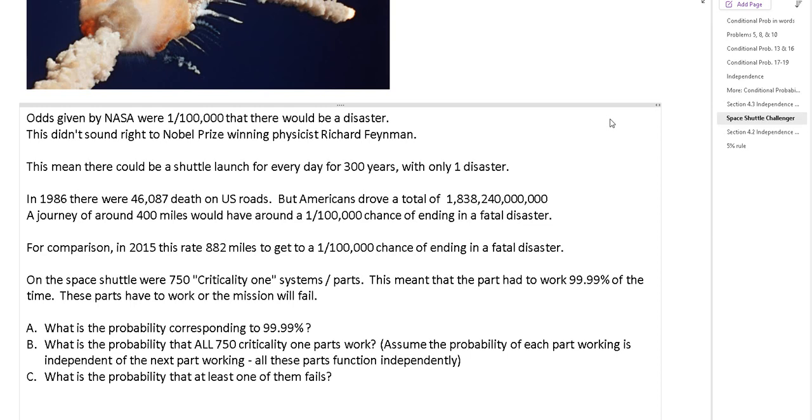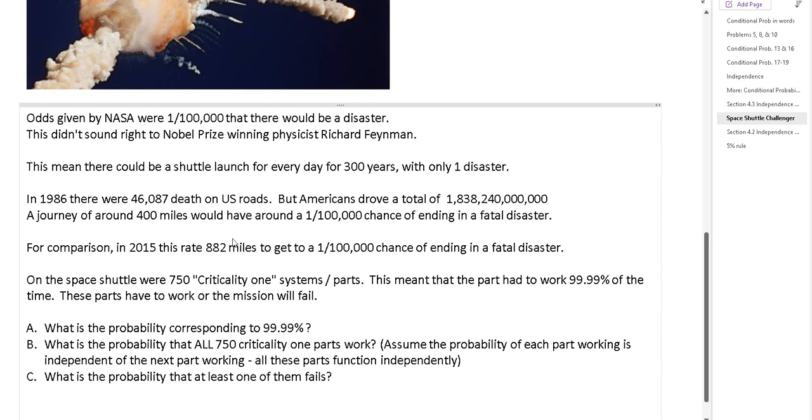You would have to do test flights every day for 300 years to see one failure. So this should be really, really rare. Even the manufacturer thought the probability was 1 in 10,000 of a mission failure. But when he talked to the engineers, they said anywhere between 1 in 50 and 1 in 300. So it's a lot different than this.